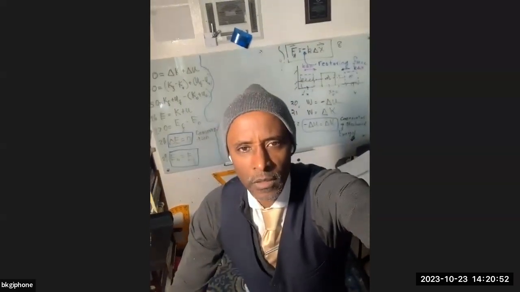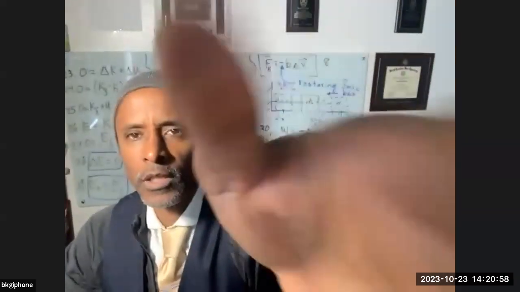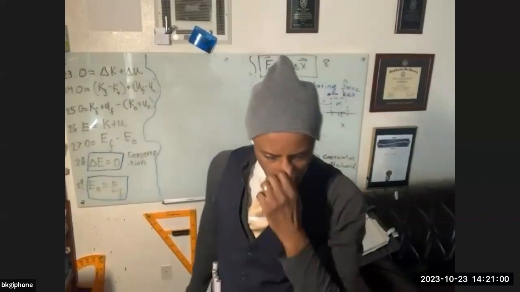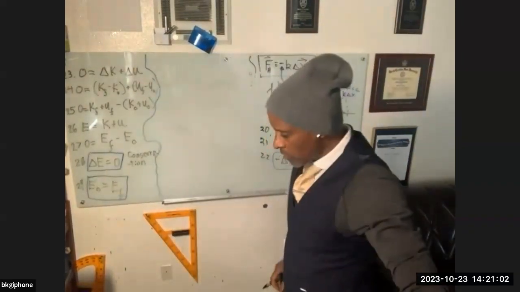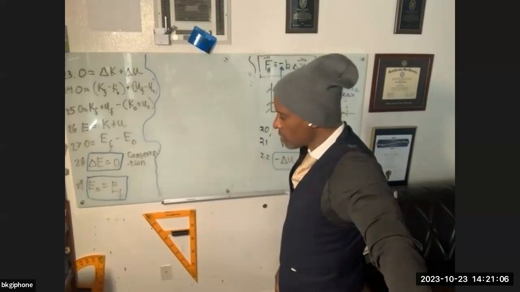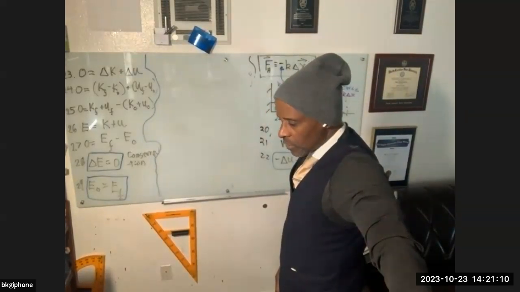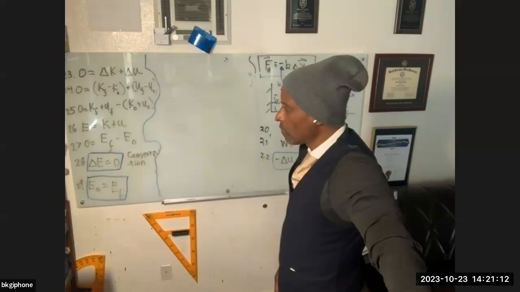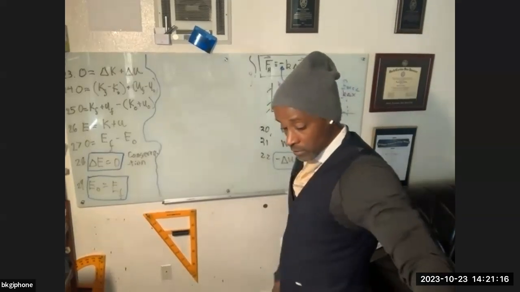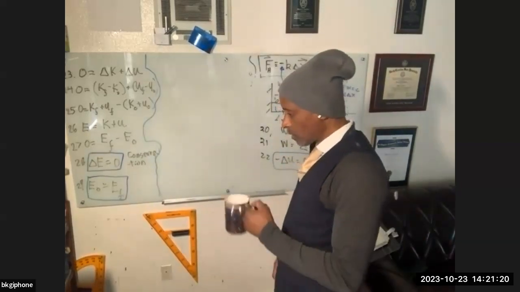Sorry, graduate advisor, graduate research advisor. He's a program director of the National Science Foundation in DC. And he has grants and things for students that you can apply for.